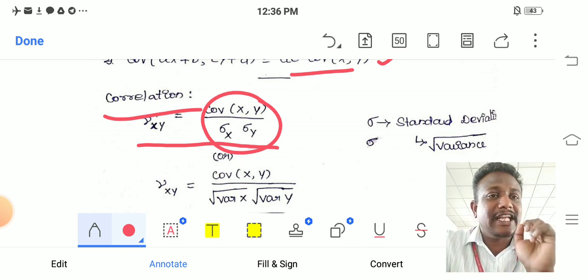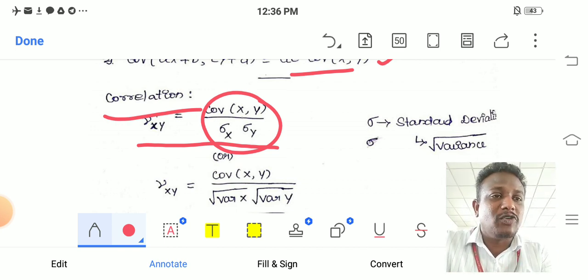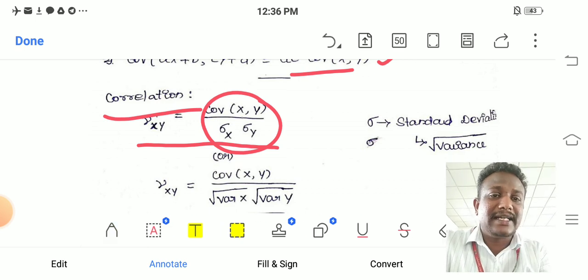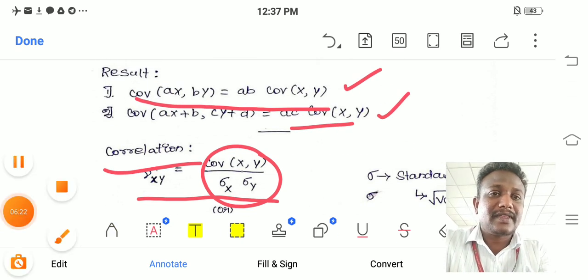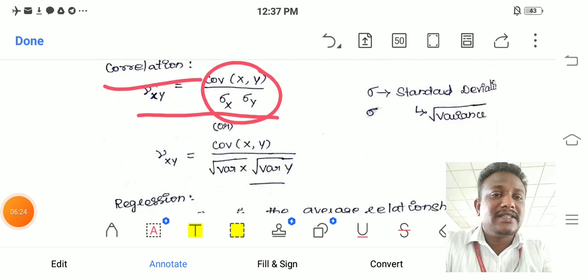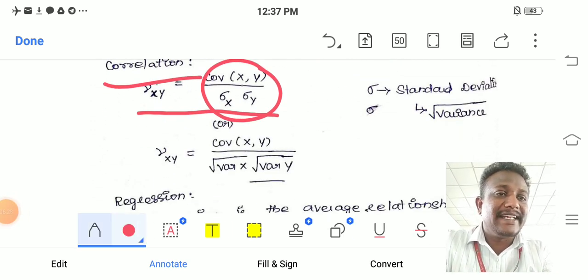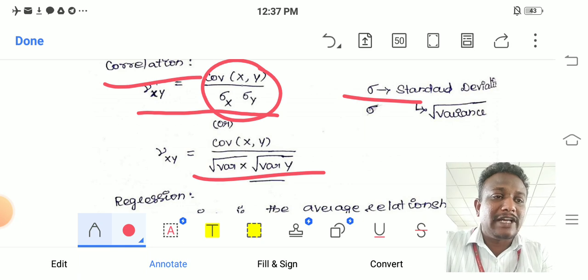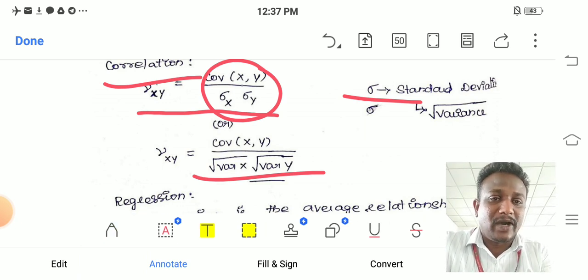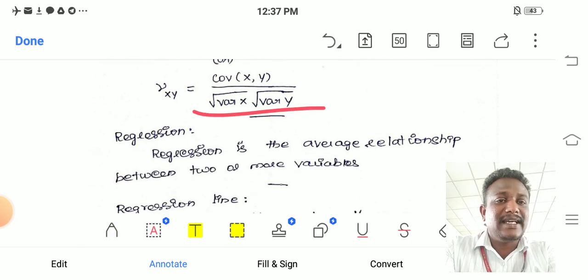So first we need to calculate covariance; to calculate covariance we know the formula, which I have given here. Now we need to calculate the standard deviation. Sigma means standard deviation, which is the square root of variance of x dot variance of y. So this is the second formula.